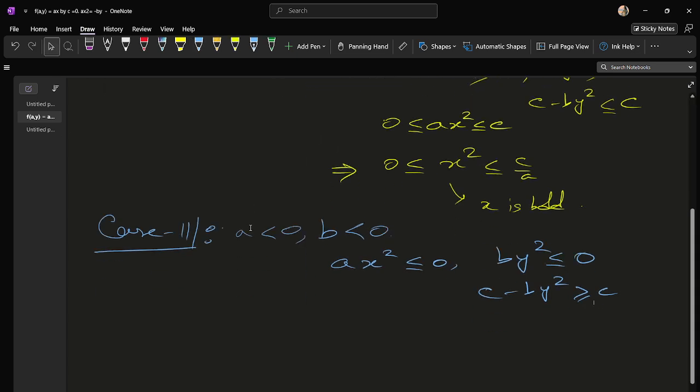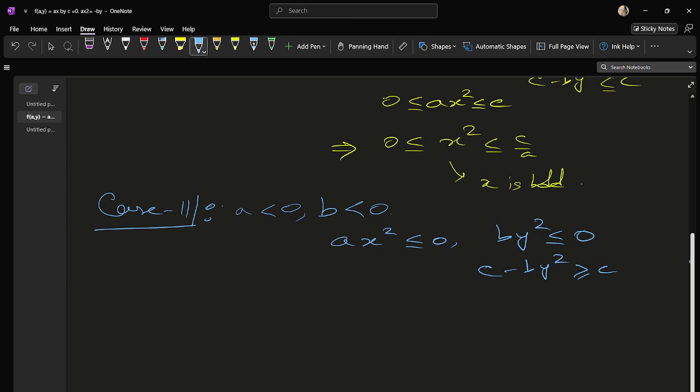The same kind of operations will take place, because the same things are happening here. So ax² is less than or equal to 0, so c by a is less than or equal to x² less than or equal to 0.